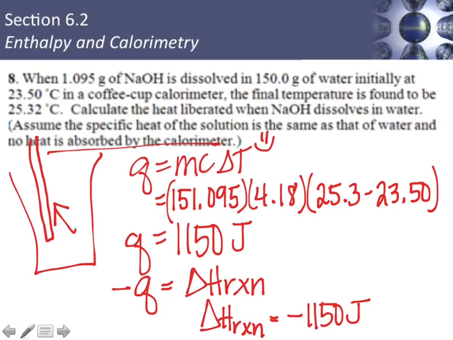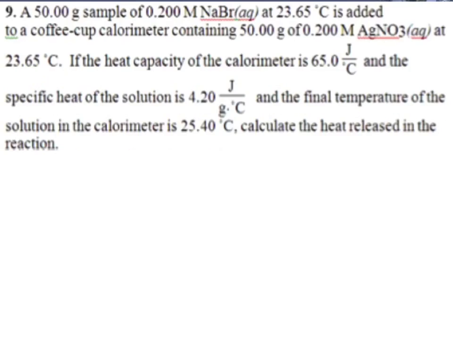Okay. Now let's see one that will not make you happy. A 50-gram sample of 0.2 molar sodium bromide at 23.65 degrees Celsius is added to a coffee cup calorimeter. So when you see coffee cup calorimeter, know that you're going to use Q equals mcΔT.